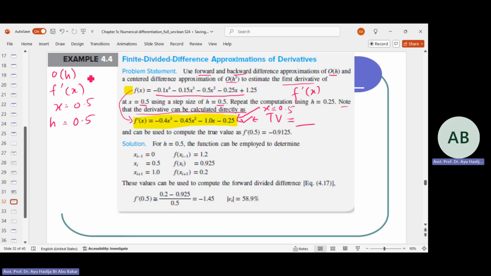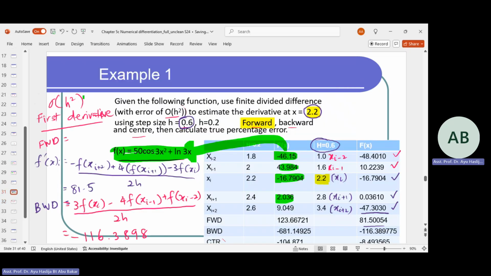What we do for forward, backward, and centered is the estimation. Clear? If you sub back into the original equation, that is wrong because that one is f(x), not f prime x.